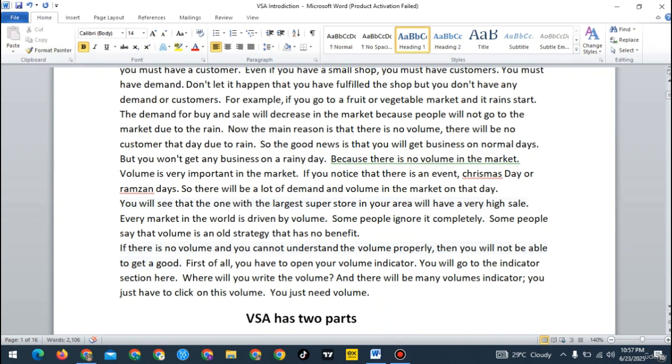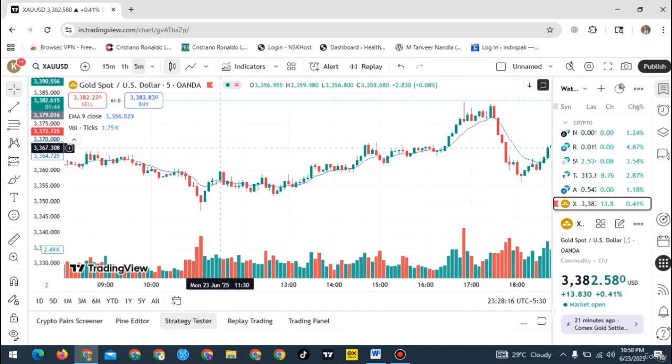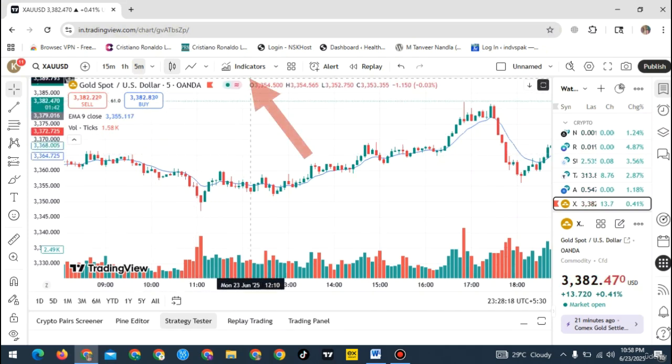So first of all, you have to open your volume indicator. You will go to the indicator section where you will write volume, and there will be many volume indicators. You just have to click on this volume. Suppose I came to this chart, I open this chart. This is the indicator, this one.